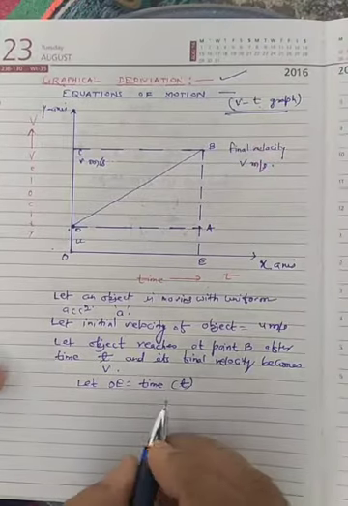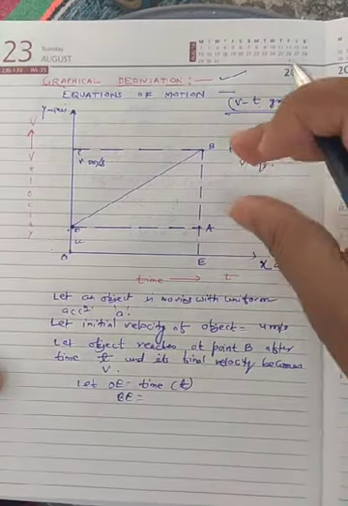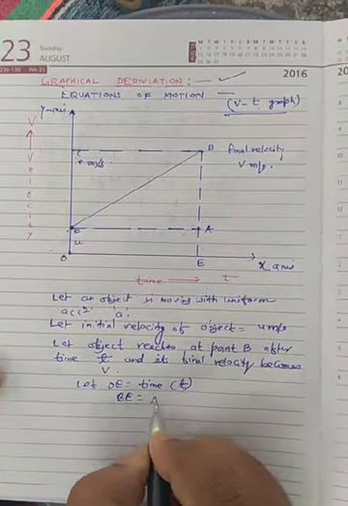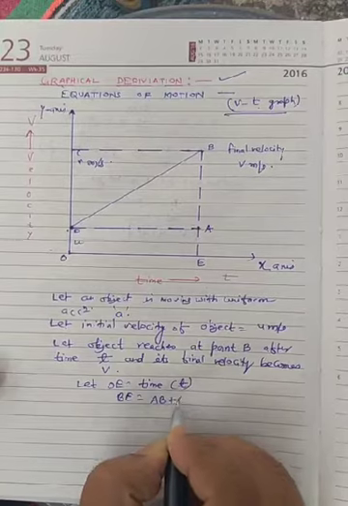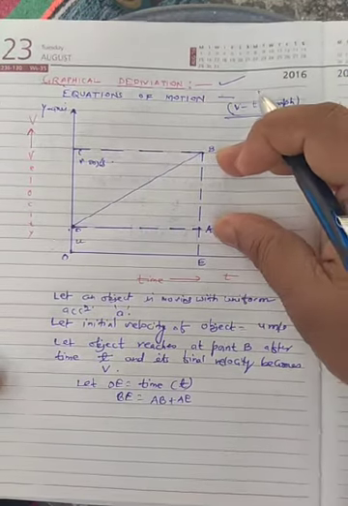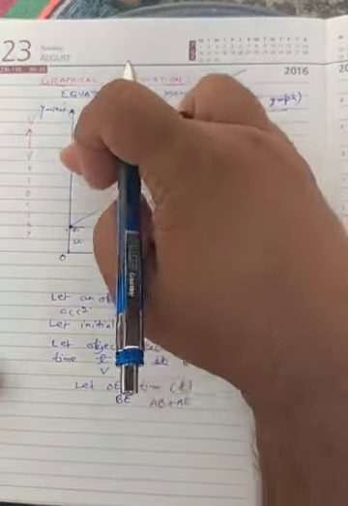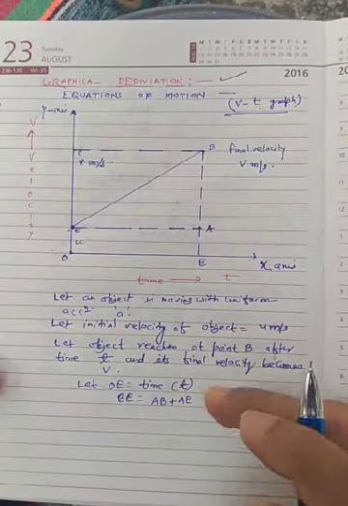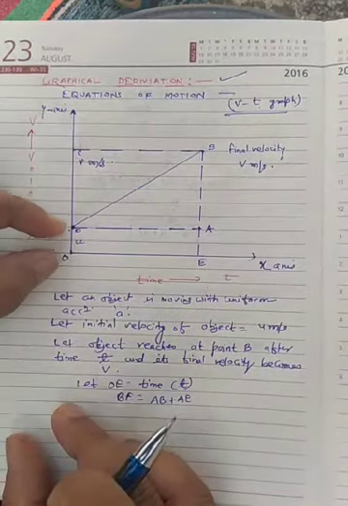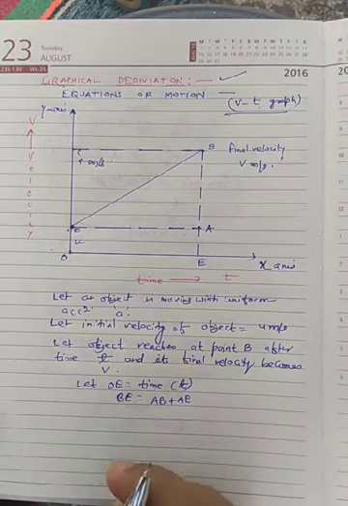BE equal to AB plus AE, right? In place of AB, can we write CD? And in place of AE, can we write OD? Yes, we can. Let's write it then.